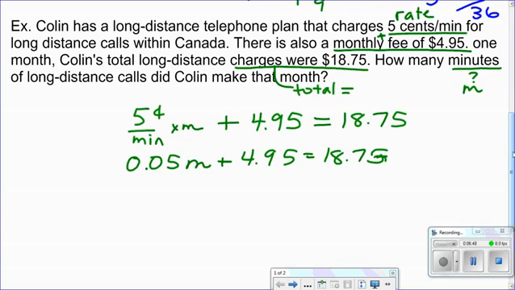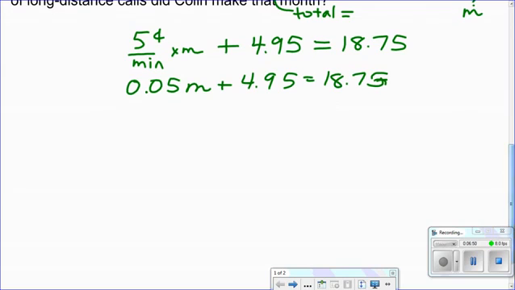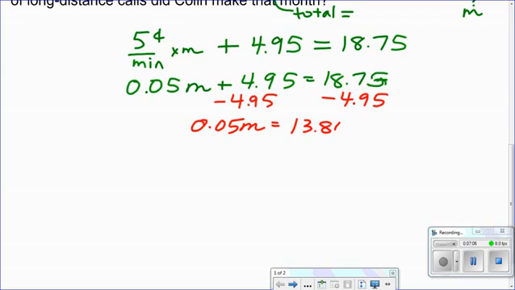Okay, so now we're just going to solve for M. So we get 0.05 M is equal to 13.8, or $13.80. Divide by 0.05 on both sides, and M is equal to 276.